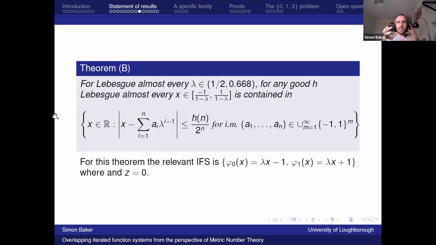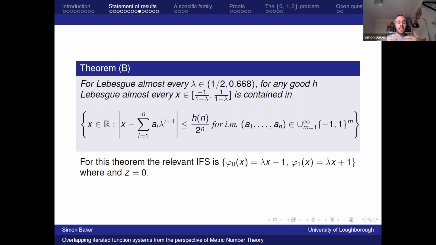I've written this in a slightly simplified form, but here the relevant IFS was this one given here, lambda x minus 1, lambda x plus 1, and I take z equal to 0. So this is like approximations by truncated power series in lambda with coefficients minus 1 and 1. But here we're seeing Khintchine type behavior already.